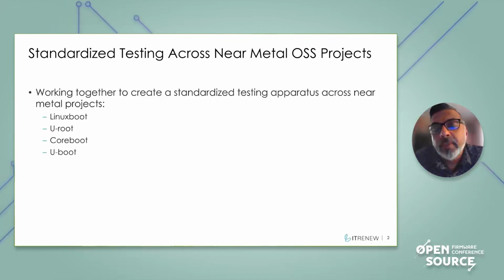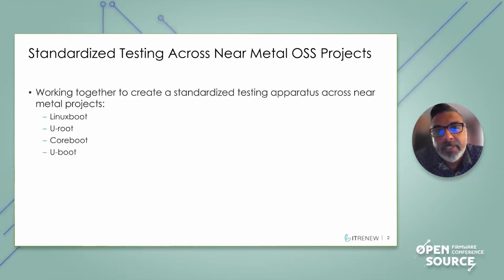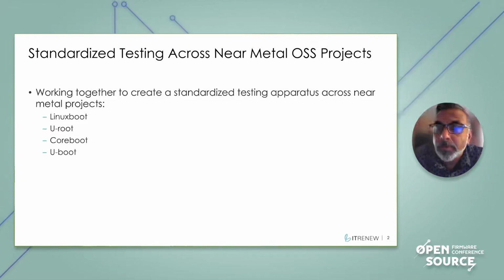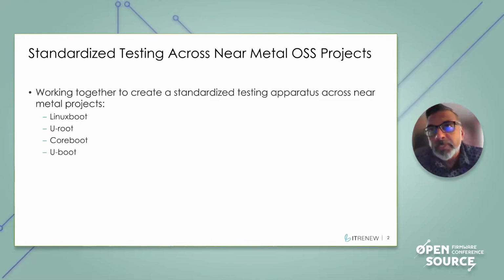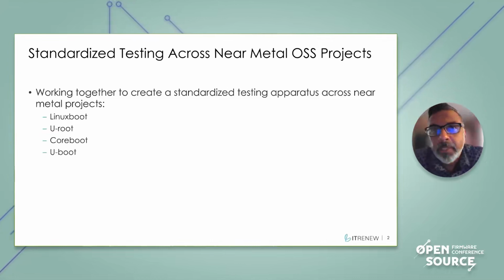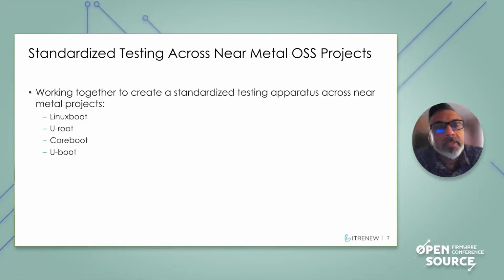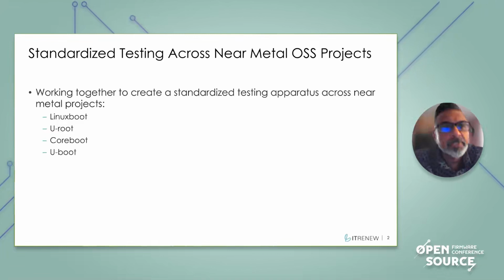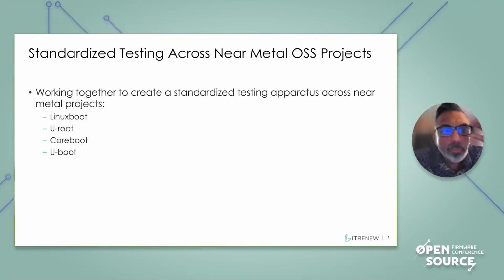But specifically, I want to talk about standardized testing across near metal open source projects. And when I say near metal, I'm talking about the software closest to the metal from boot, right? So that's coreboot, that turns into U-root, into LinuxBoot, and finally to the operating system of your choice.